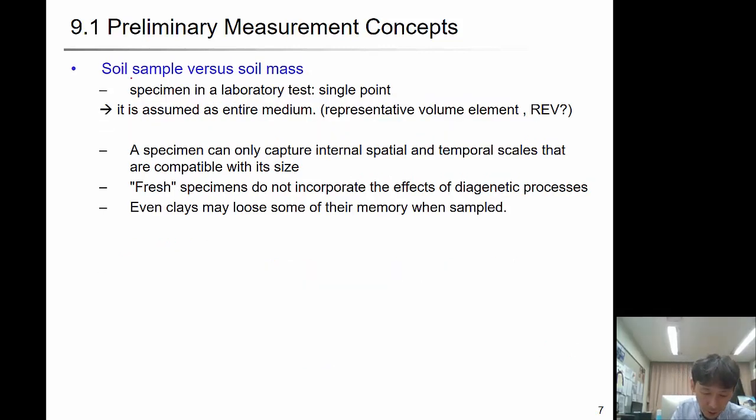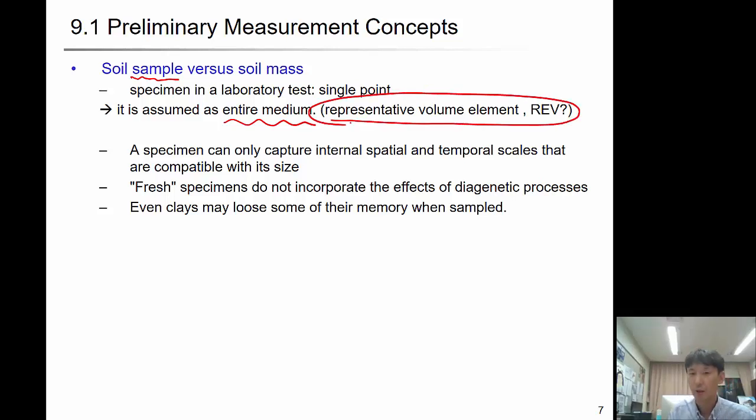When you take a sample and measure it at lab scale, you always get a single point, and we assume that this specimen represents the soil mass of the entire medium. So we have to make sure that your soil sample can represent the entire soil medium, which is called the RVE, representative volume element.